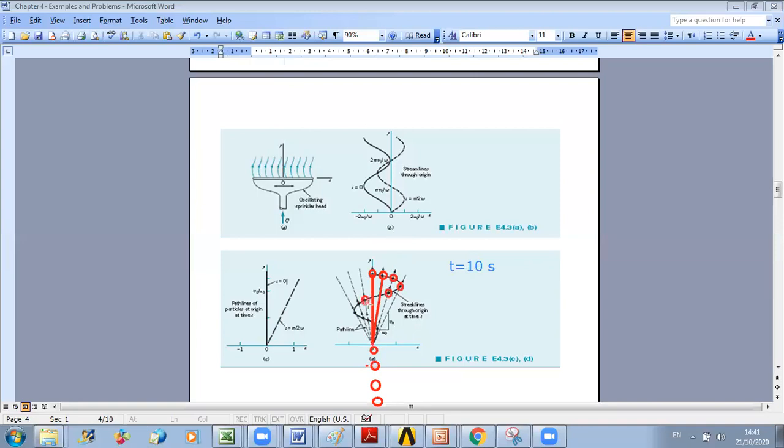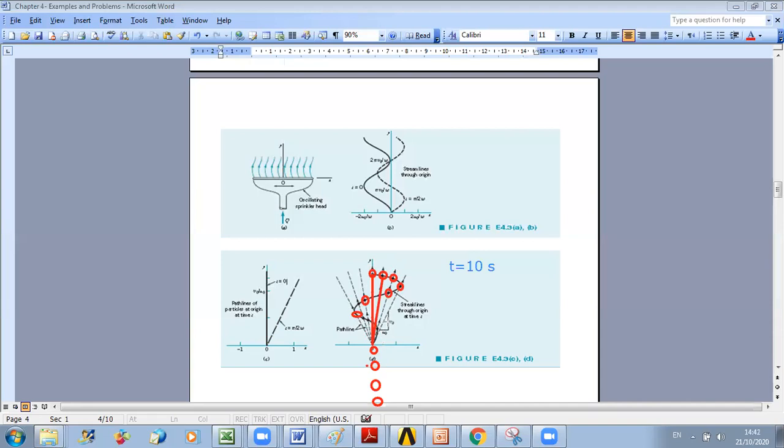If you join the locations of the particles, you will obtain what is called the streak line. Mathematically, we don't have a simple technique to just calculate it. It's a little bit complex, because the idea is that you take one position from each path line, and if you join the positions of particles from different path lines, you get the streak line.